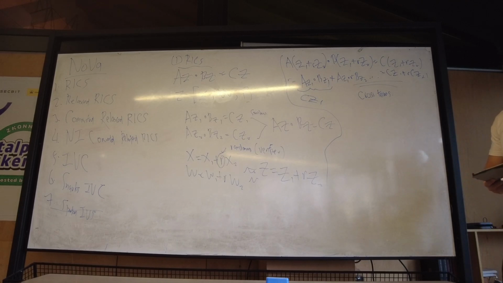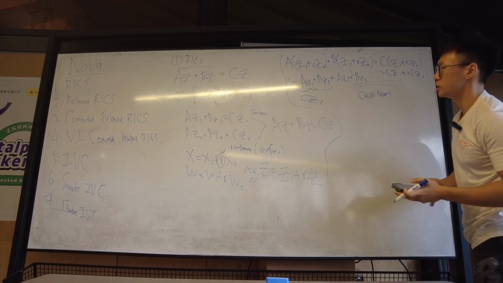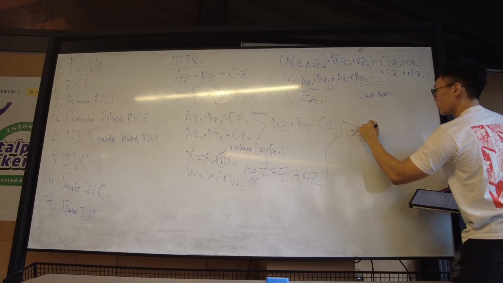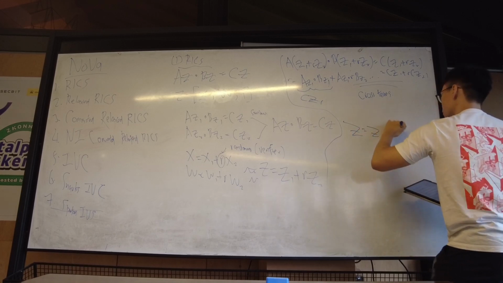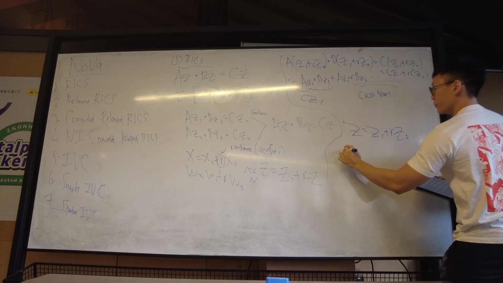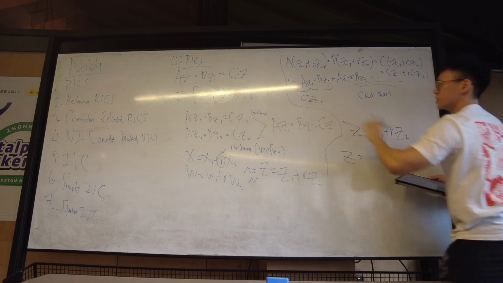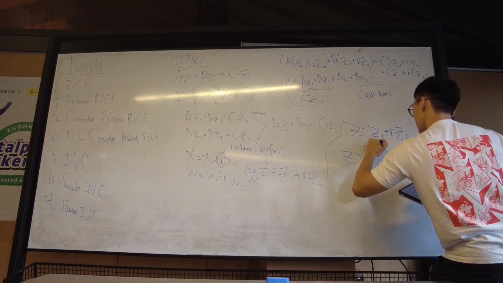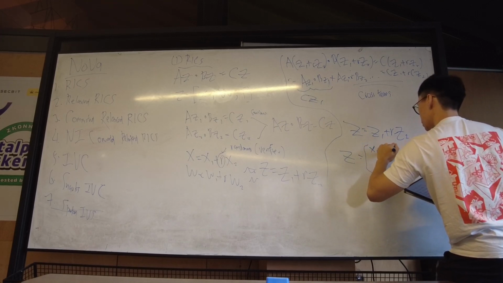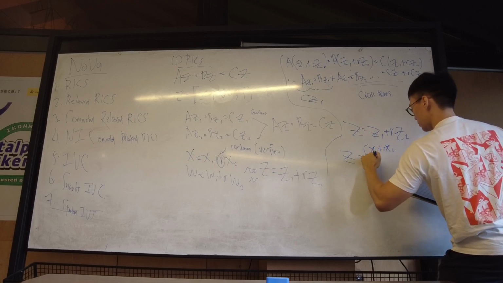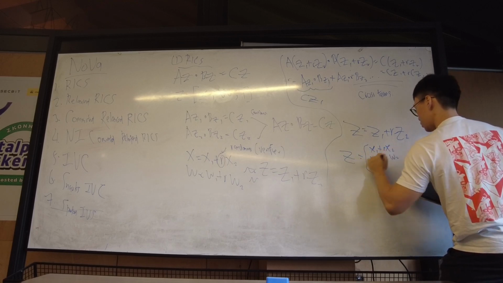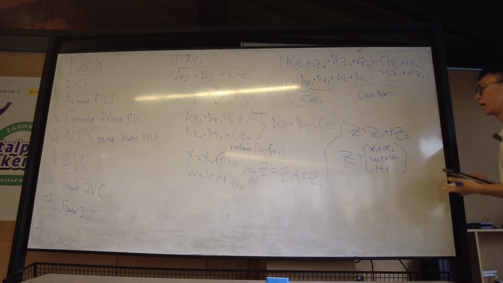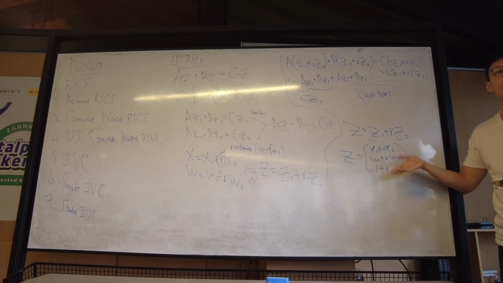Another intuition is also when we try to fold the Z's. If we were to do this naively, we would actually get something like Z2, W2 and 1 plus R. Yes, and this is not exactly in the form that we want.